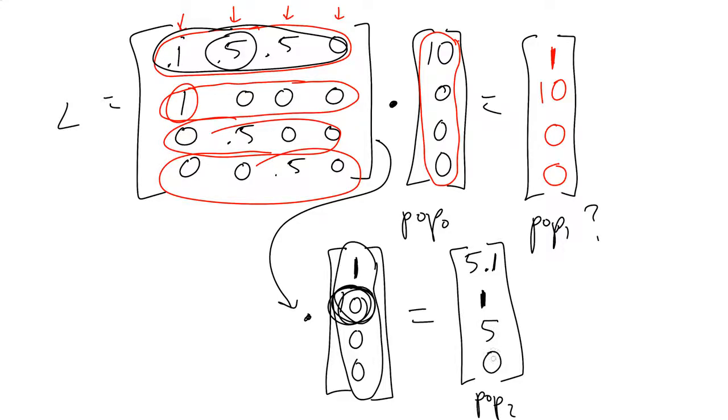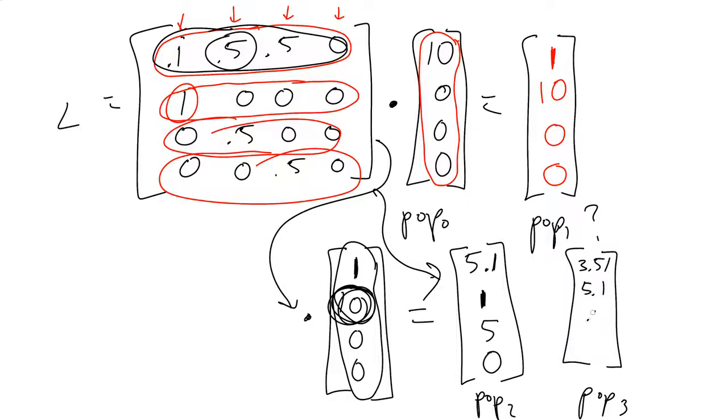And then we get nobody in age 4 yet. That's pop 2. And then if we multiply L by this guy, we can get pop 3. And if you work that out just to satisfy the curious, that turns out to be 3.51 and 5.1 and 0.5 and 2.5. So now we finally have some 4-year-olds, okay?